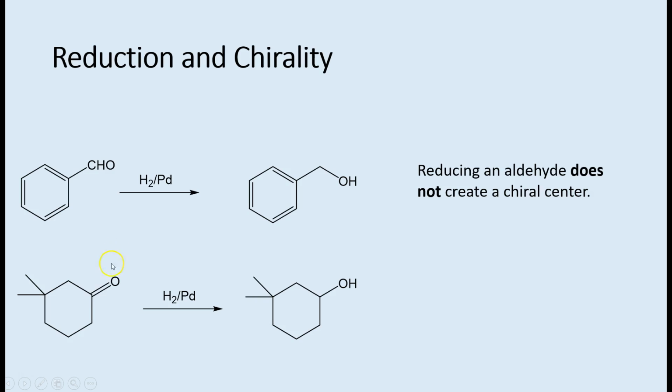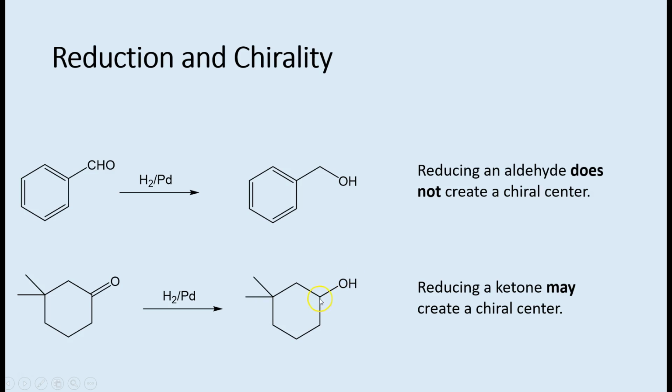By contrast, when I reduce a ketone, I'm taking a carbon that was bonded to 3 things and making it a carbon that's bonded to 4 things. But now only one of those things is going to be a hydrogen, because previously it was carbon, carbon, and oxygen. Now it's carbon, carbon, oxygen, and hydrogen. And therefore, reducing a ketone may create a chiral center. In this case, it does, because we have 4 different things.